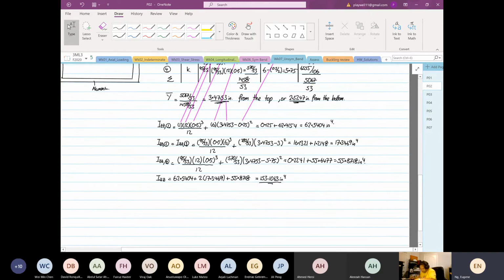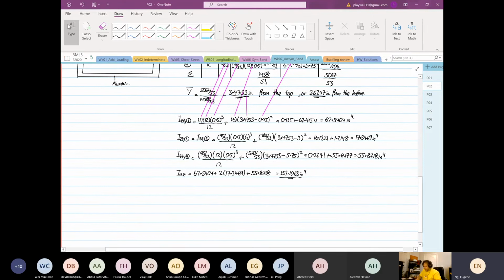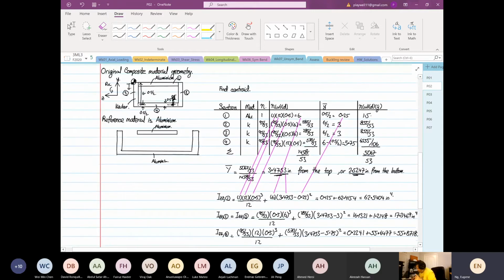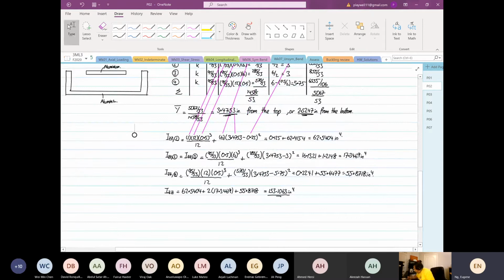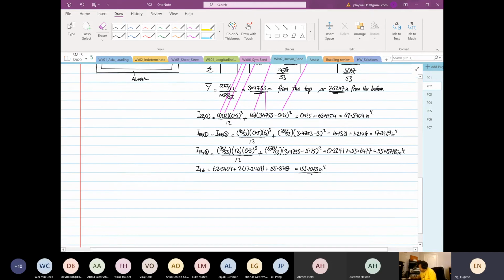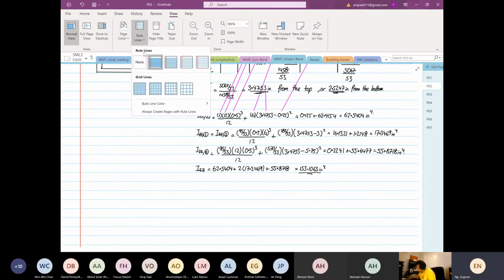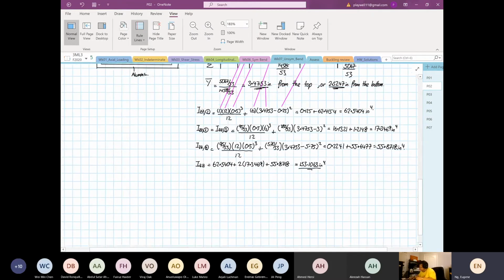From here, we can now calculate the maximum stress acting on the aluminum. Let's do some analysis first. From the top, this is equal to 3.4753. Now I'm going to sketch this diagram again.